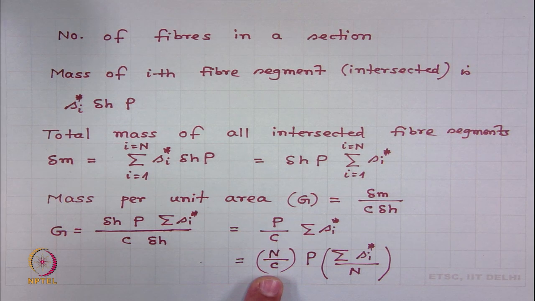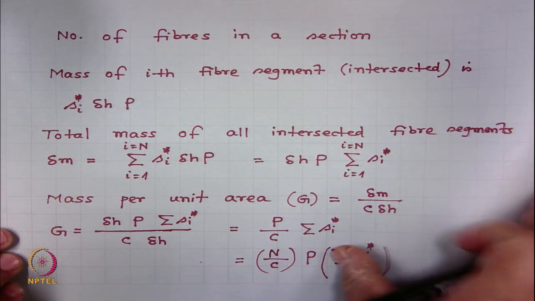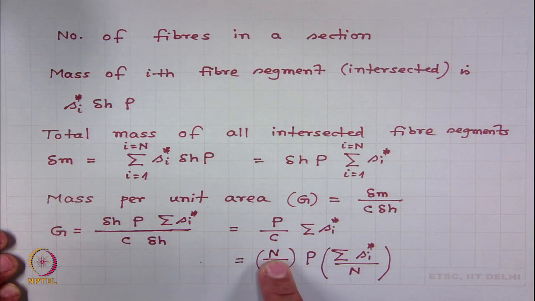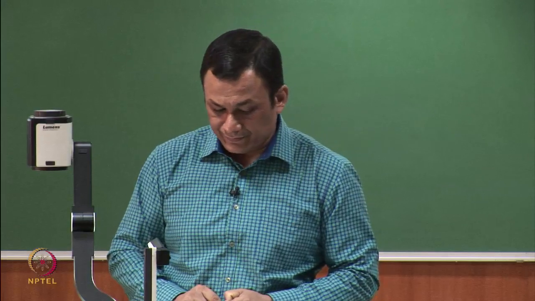What is capital N by C? N is the total number of sectioned fiber segments, and C is the length of the slot. So, this indicates the number of intersected fiber segments per unit length.